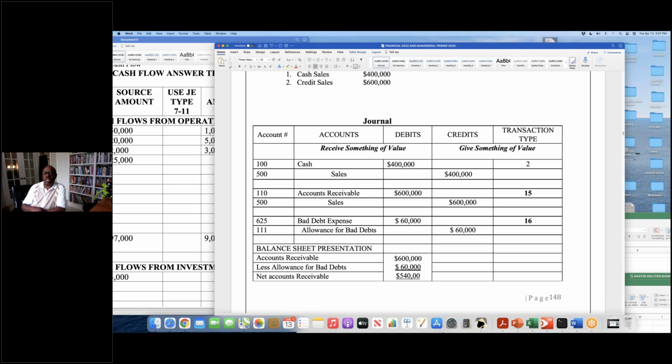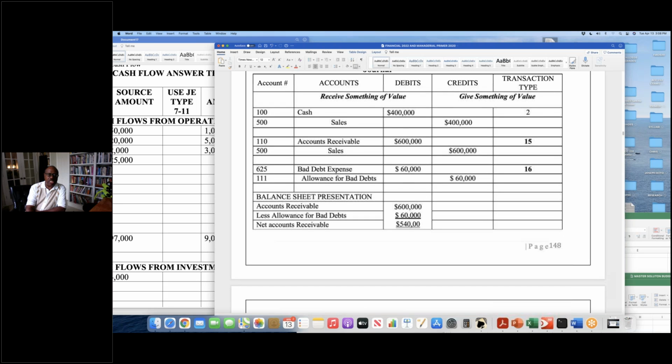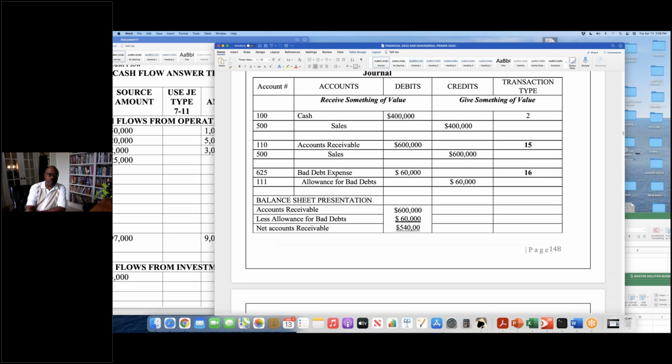It's a contra asset account. It has a credit balance. Most of the time assets have debit balances, but contra accounts like this and accumulated depreciation have a credit balance. So the receivables are not worth 600, they're worth about 540. Got it? Any questions on this?